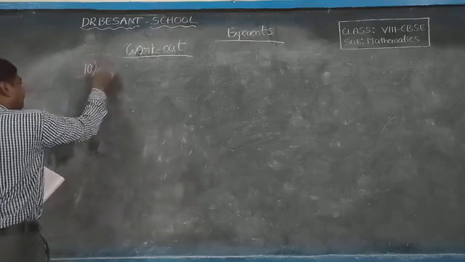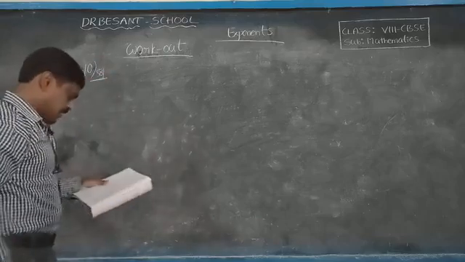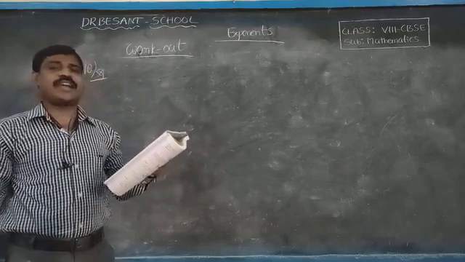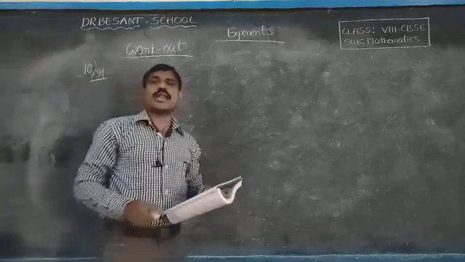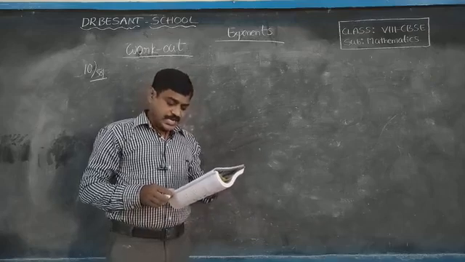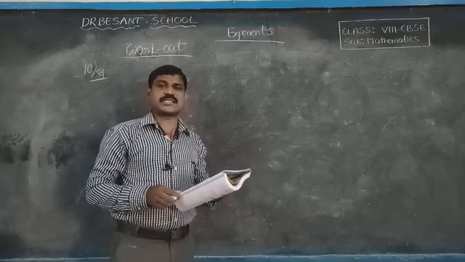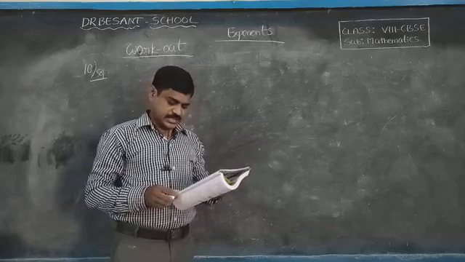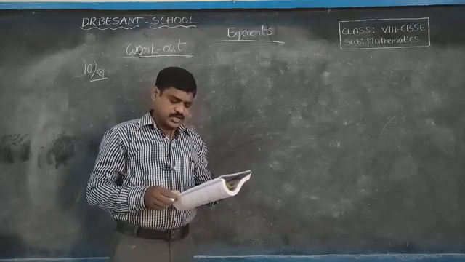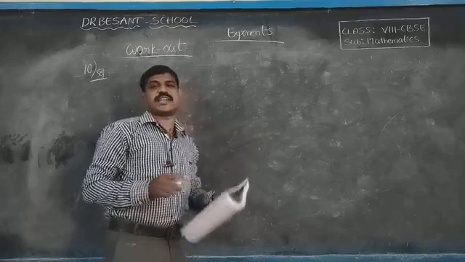10th problem. See, 8 copies of a book with 500 pages. So total number of copies, how many? 8 copies. Each copy having how many pages? 500 pages. Next, the thickness of each page is 0.0065 centimeter.